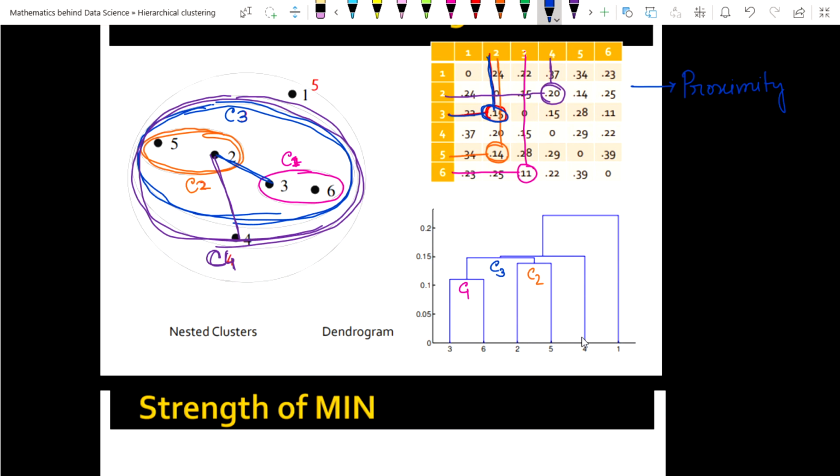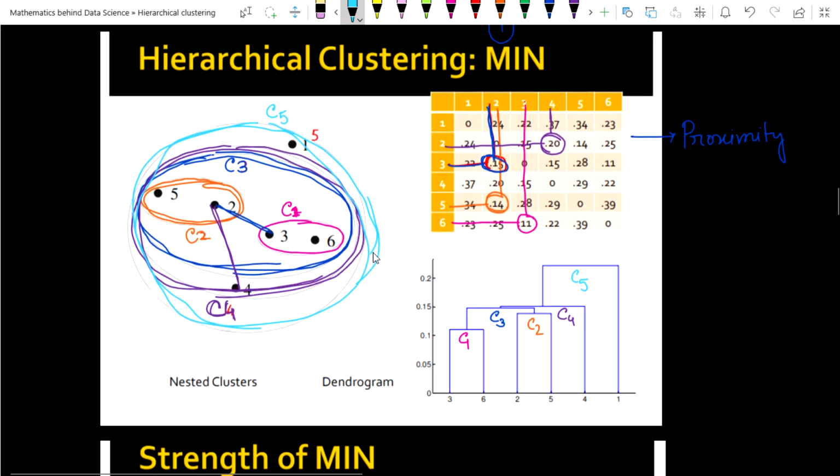At the end of our iterations, we merge C1 and C4, and I am denoting this as C5. This is the whole cluster. I think you got the point of how we use this proximity value to calculate the clusters and also the dendrogram.